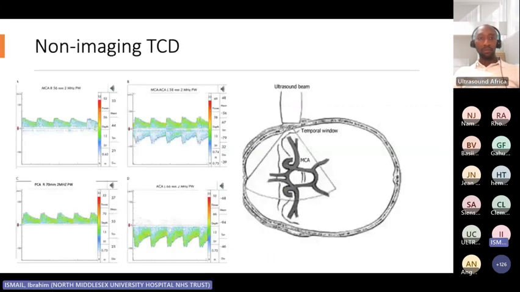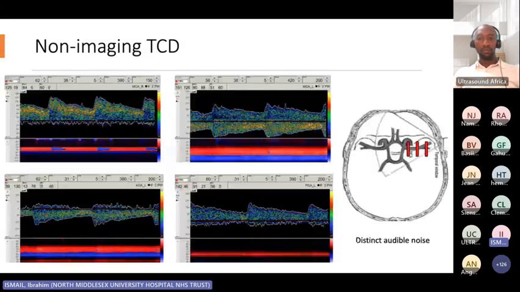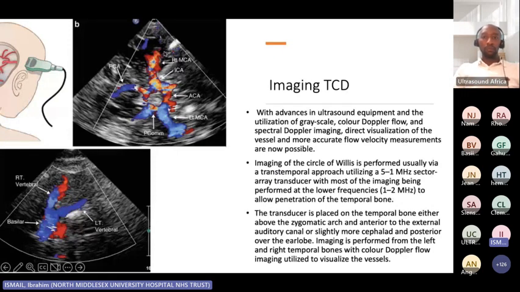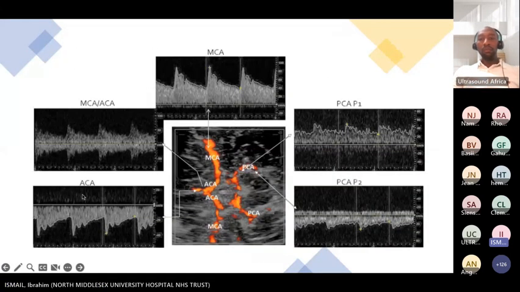Whereas with imaging, let me go back to imaging. With imaging, you see the vessel, and then you have to take samples. I usually take at least 3 to 4 samples. I would start with the most distal aspect, 1, towards the middle, 2, 3, and the one where you get the ACA involved as well, as you can see here.